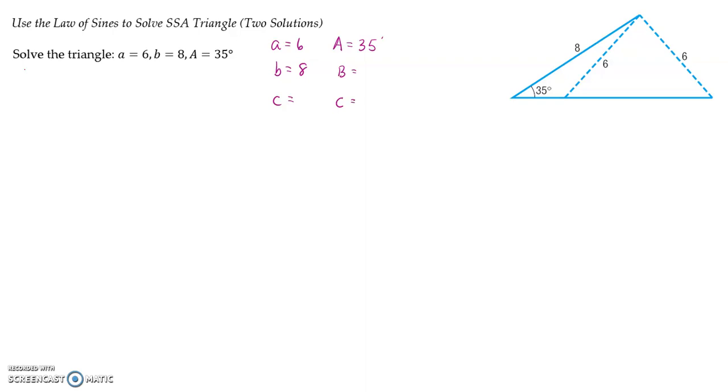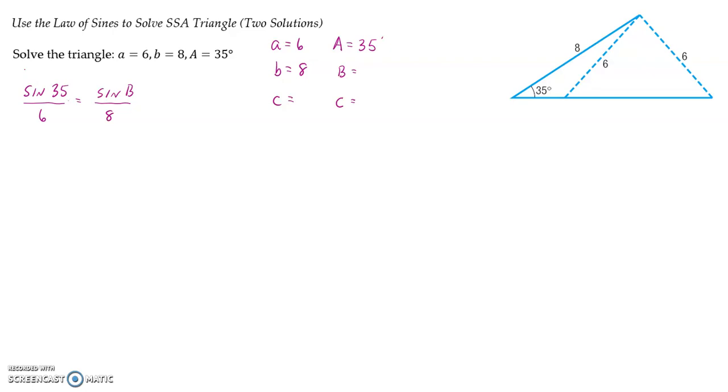So let's go ahead and use law of sines to find angle B. So we've got sine of A, which is 35 degrees, over side A, which is 6, equals sine B over side B, which is 8.